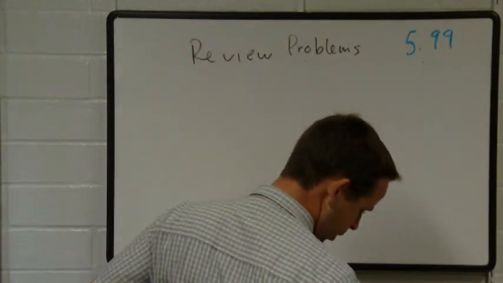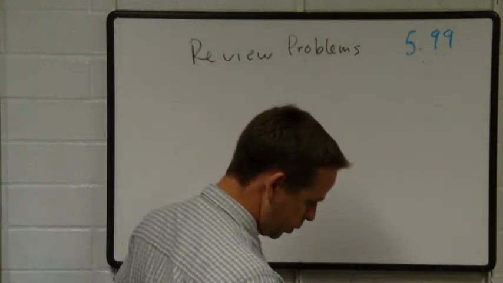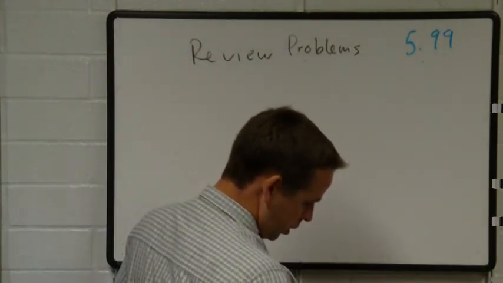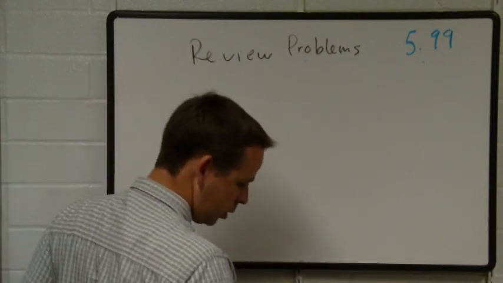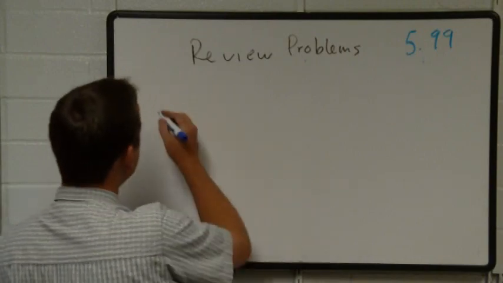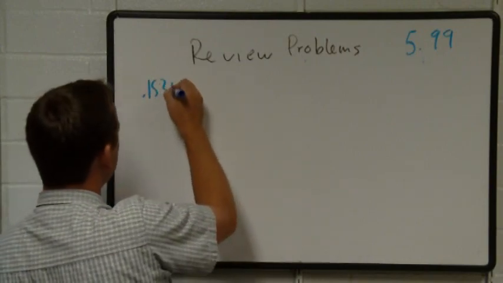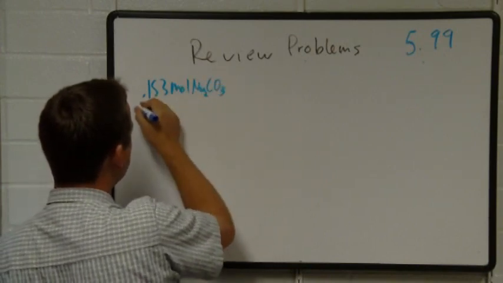How many milliliters of 0.258 molar nickel chloride solution are needed to react completely with 20 milliliters of 0.153 molar sodium carbonate? All right. So we have 20 milliliters, 0.153 molar sodium carbonate. So we have 0.153 moles of sodium carbonate for every 1 liter.